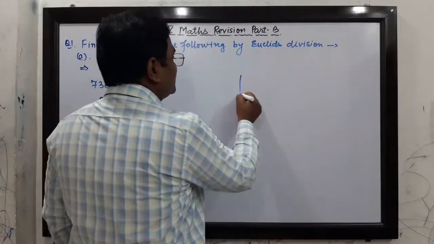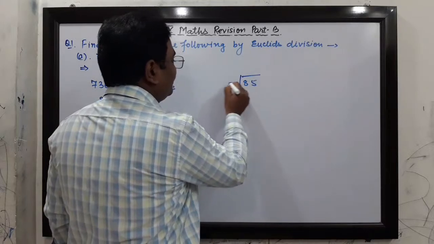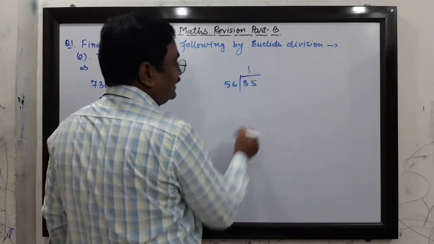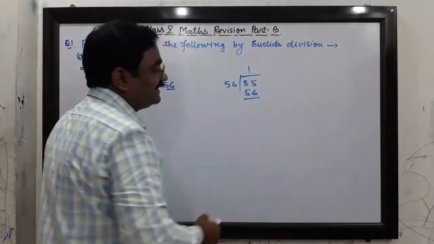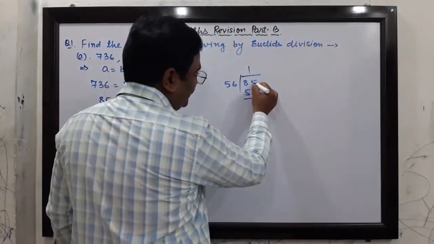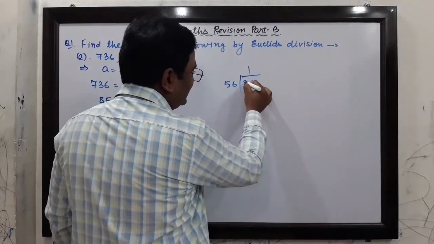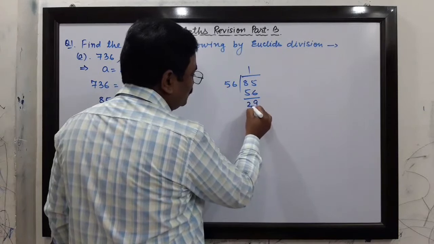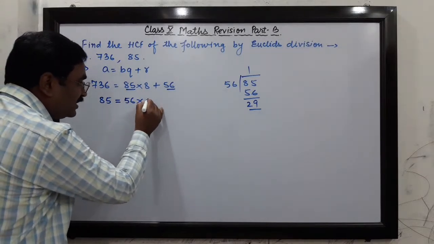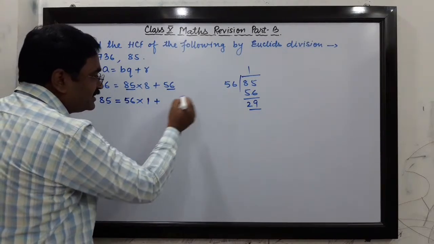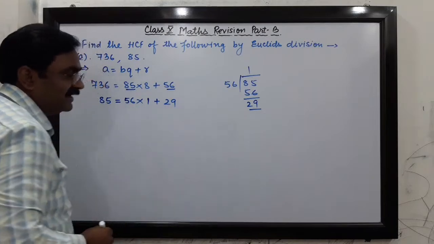So 85 divided by 56: you can take ones, so you will get 56. Let us subtract it. 15 minus 6 is 9 and 7 minus 5 is 2. 29 is the remainder. So 85 can be written as 56 multiplied by 1 plus remainder 29.